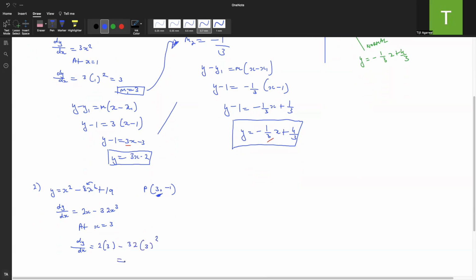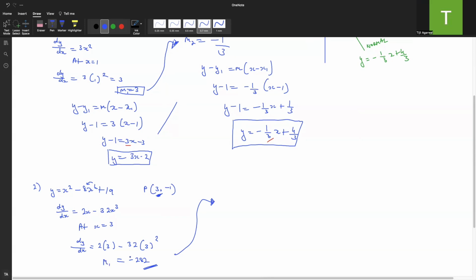I need a calculator for this one. 2 times 3 is 6, minus 32 times 3 squared, and that is -282. So this is our gradient, -282. Big number, right? I'll label that as m1.